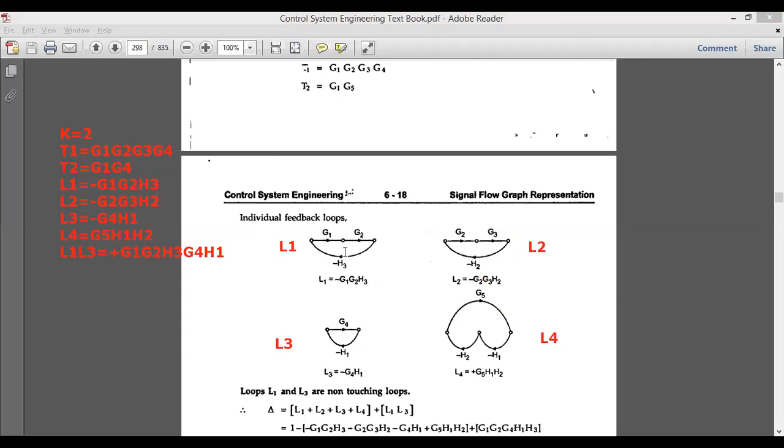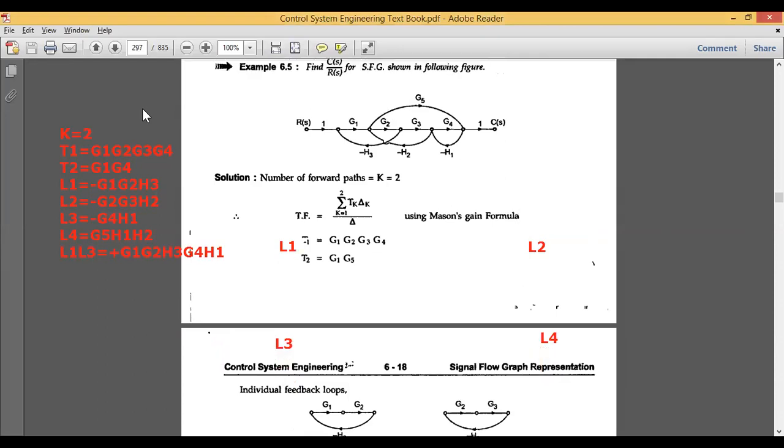Now in the 4 loops, you should check that the node should not get repeated, or the point should not get repeated. Sometimes we check even with respect to the branch gain also. So here in L1 and L2 you can see the G2 terms are repeating. So therefore I cannot take it, because L1 is touching with L2, correct?